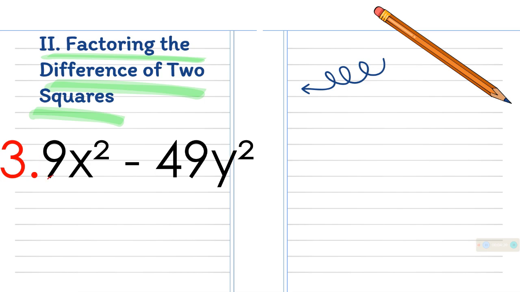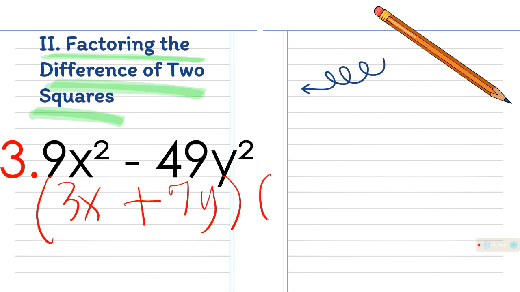So you will have 3x, the square root of 9x squared, and 7y, the square root of 49y squared. And then we have again the product of the sum and the difference of two terms. Okay. Any question?